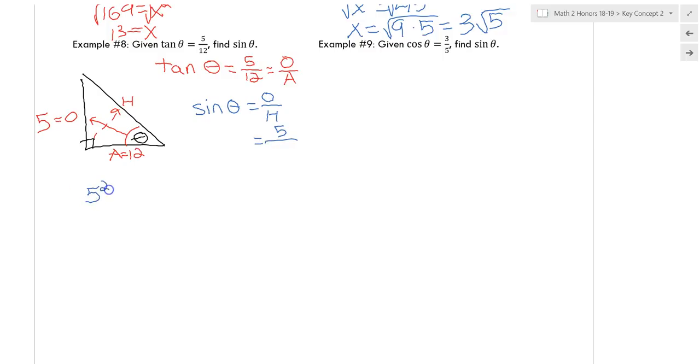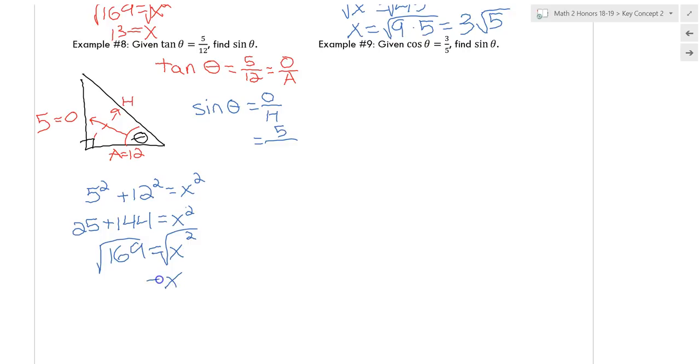So I have 5 squared plus 12 squared equals x squared. 25 plus 144, 169 equals x squared, square root, x equals 13. Okay, so it's very similar to what we did above.